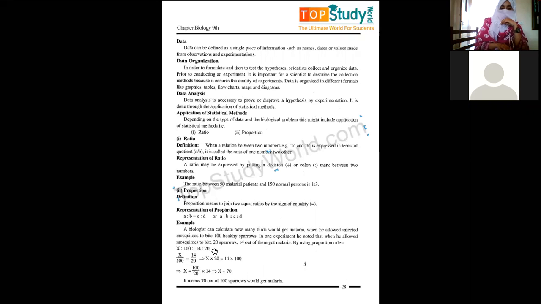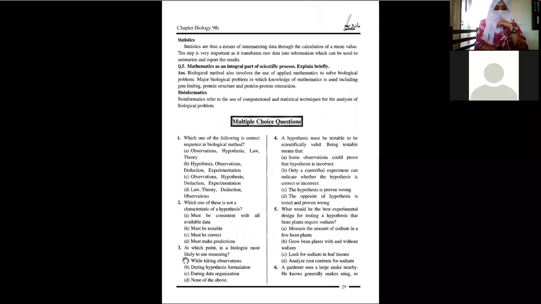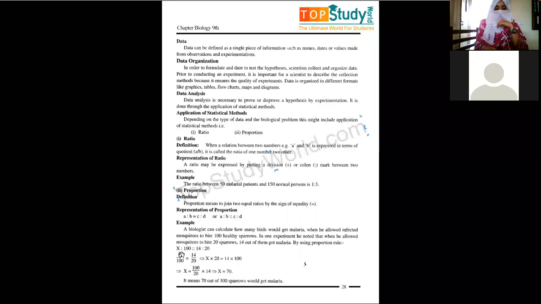So by using this proportional rule, we will apply the ratio and proportion there. This is the solution. x:100 is proportional to 14:20. Here we have to find this value out of 100.